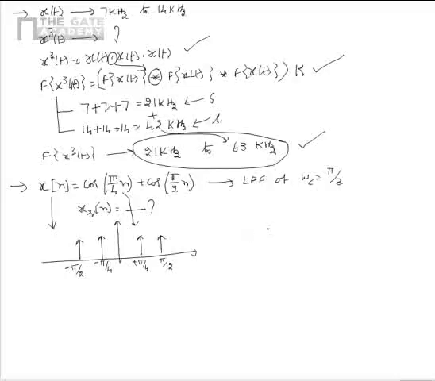Here it is given that the low pass filter used has a cutoff frequency of omega c equal to pi by 3. So it is equivalent to multiplying x of n with a low pass filter whose band is as shown, that is from minus pi by 3 to plus pi by 3.